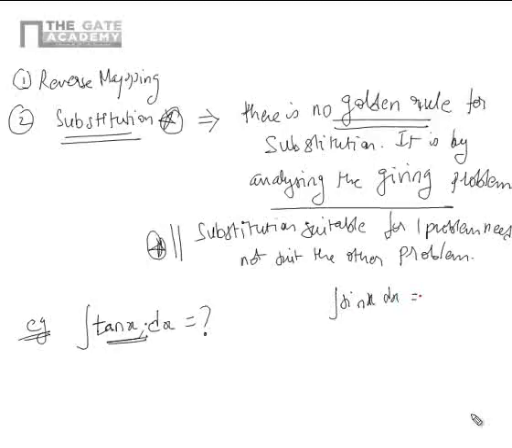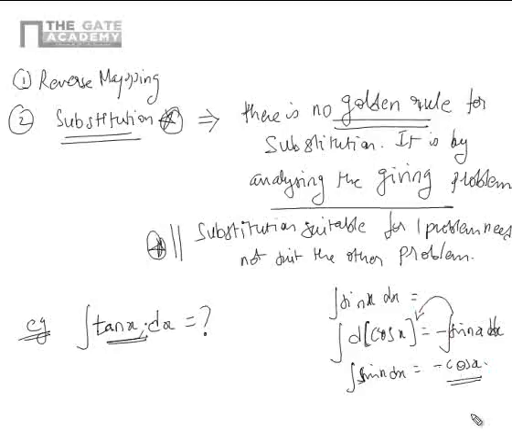We found it because differentiation of cos x gave me minus sin x. So upon integrating, I found that integral of sin x dx is nothing but minus cos x. Like this, I reverse mapped it.